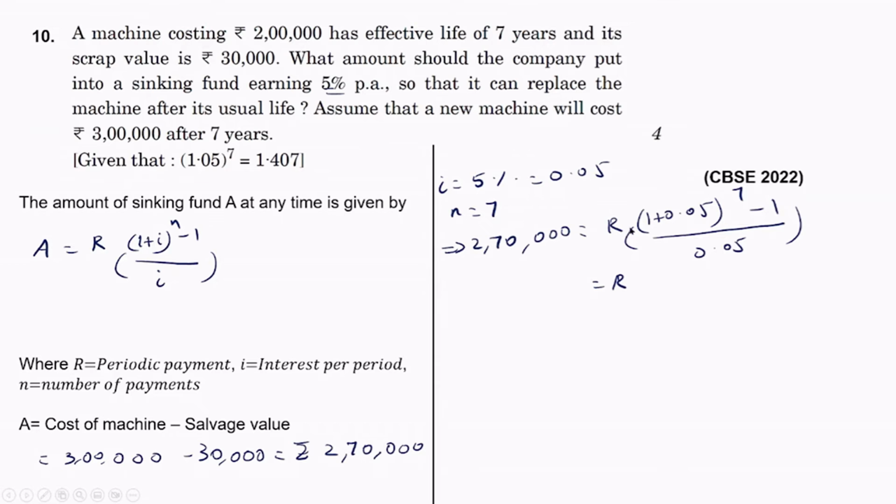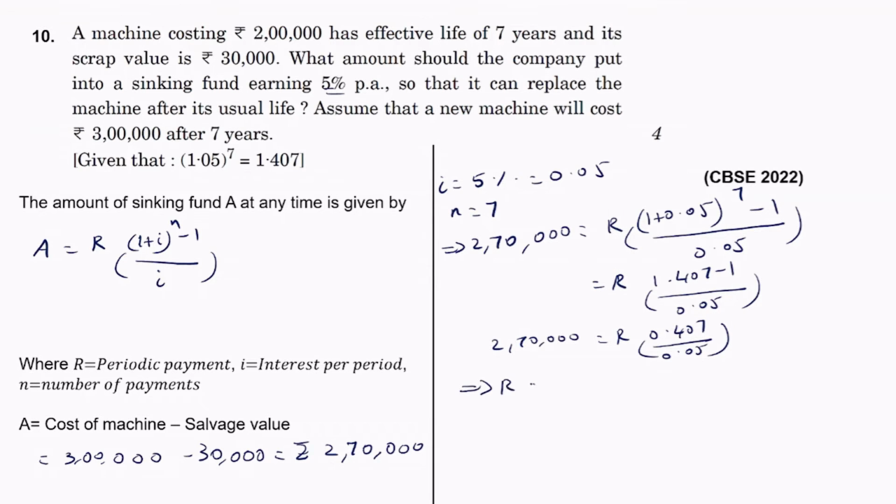So this is R into 1.05 the whole raised to 7 is 1.407, minus 1 upon 0.05. So this is R into 0.407 upon 0.05. This is 2,70,000.